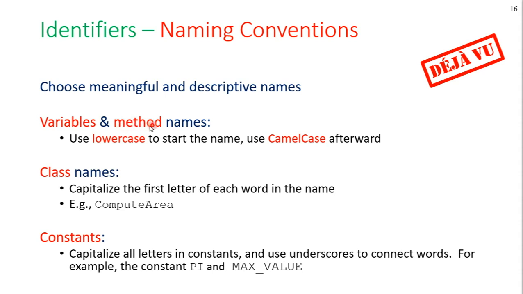Everything that is a method name or a variable name is going to start first with a lowercase and then use the camel case notation, which means capitalize every word that follows, okay? If you have a class name, then same rule about the camel case, but you start with an uppercase letter. And if you have a constant, well, all uppercase. And if your constant name is made of 2 words, then separate them with an underscore. And that's it. We already covered those.